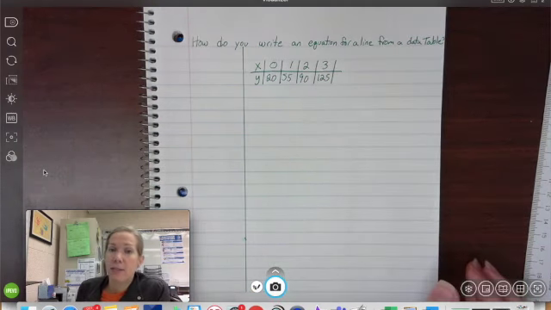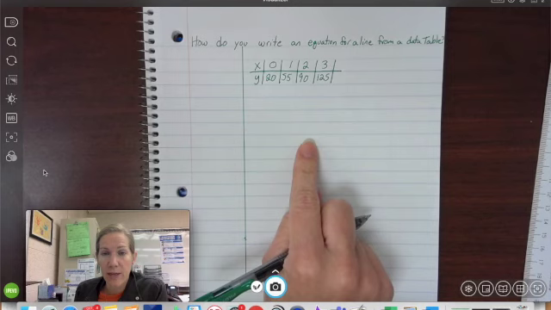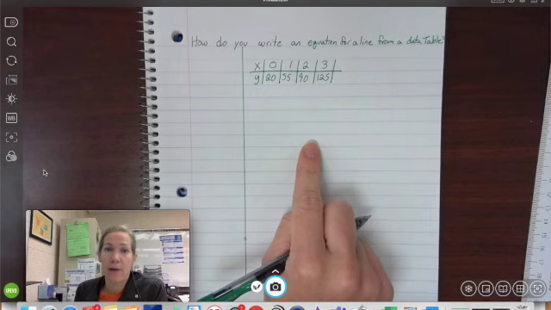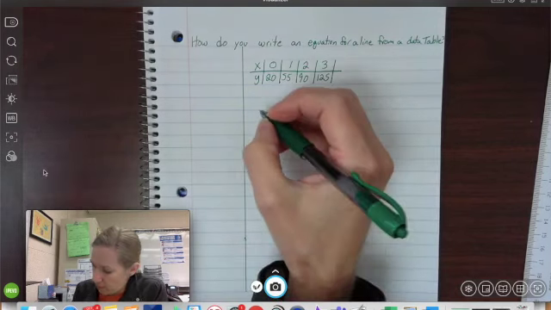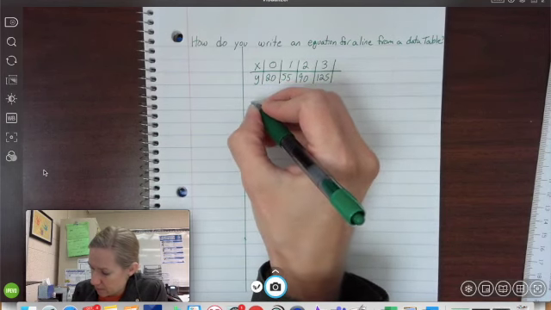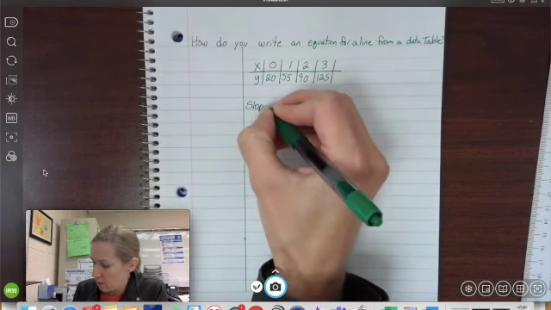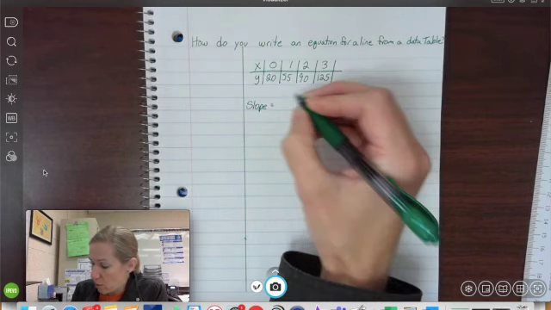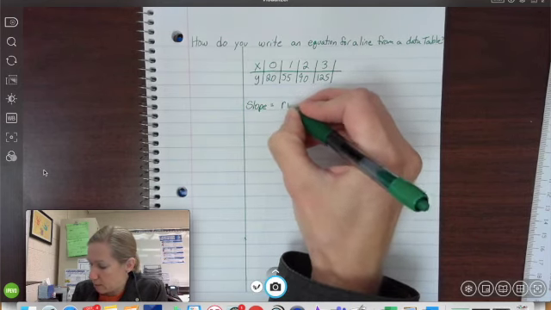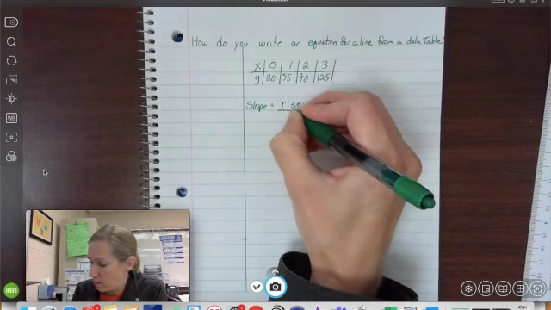From this table, we are going to write an equation in slope-intercept form. The first thing we need to do is find the slope and find the intercept. The slope can be found in a couple different ways. So slope can be found with rise over run.